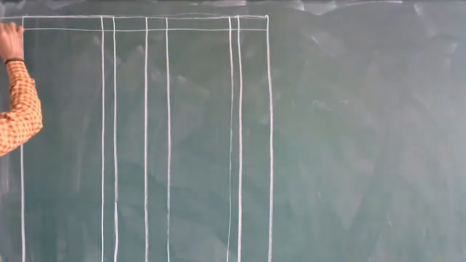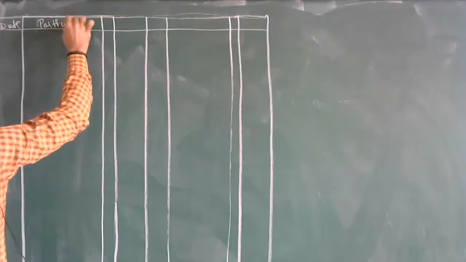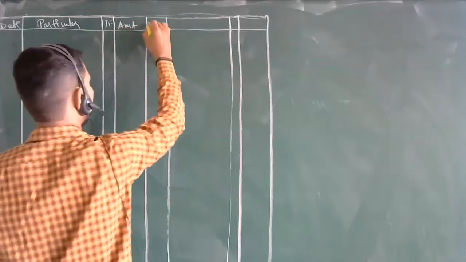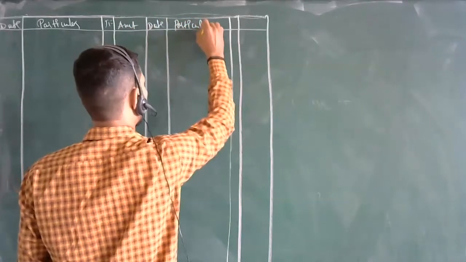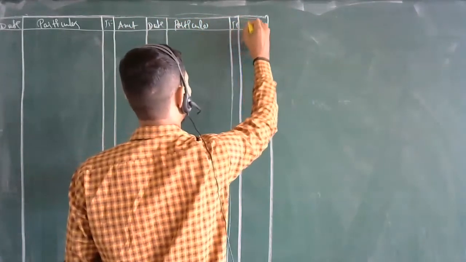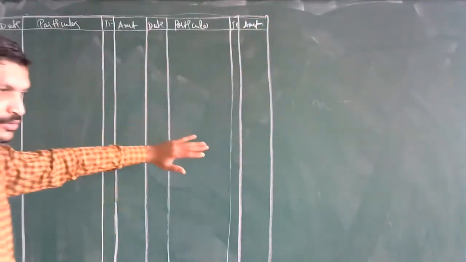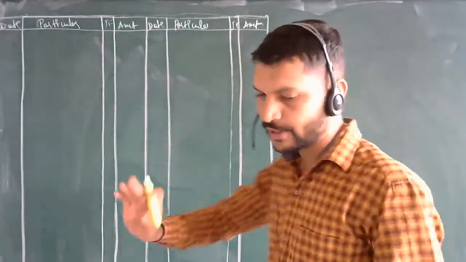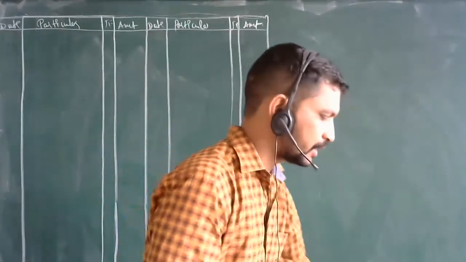So it will be date, then particular, journal folio, and amount. Date, particular, journal folio, and amount. As usual, for the big accounts, the big number of entries I will take on this side. Here I require two accounts to remove, which have more entries in this account, and the remaining small entries I will get on the other side.